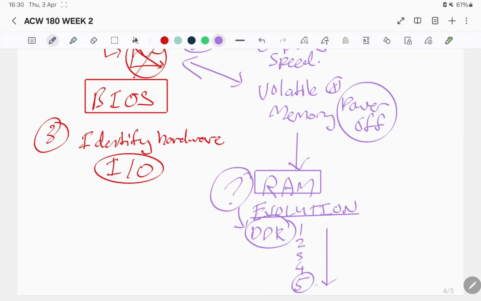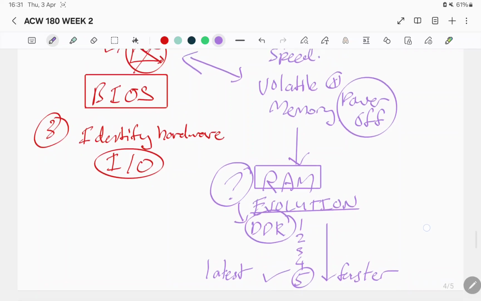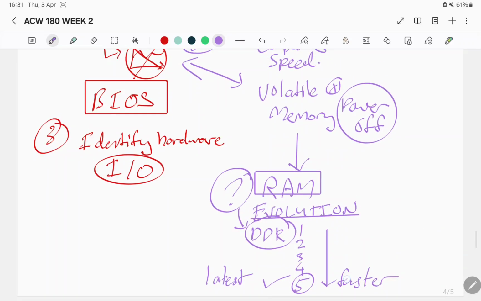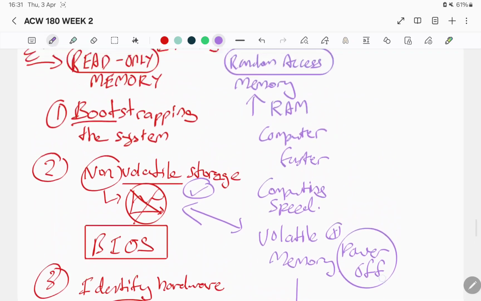Long story short, the latest means faster. Same like any other things, the latest tech means faster. It means you can process better. It is way superior than the previous one.